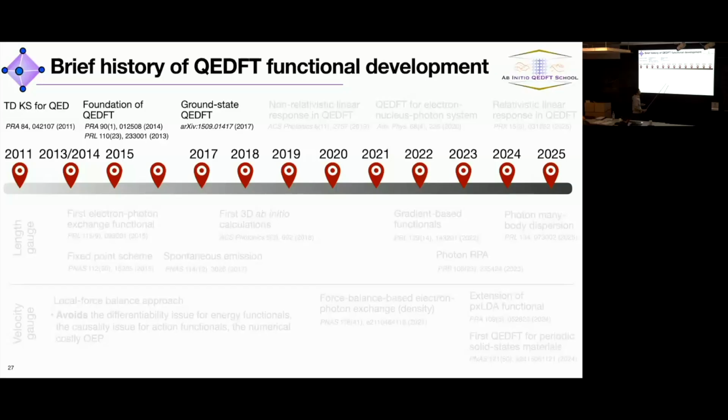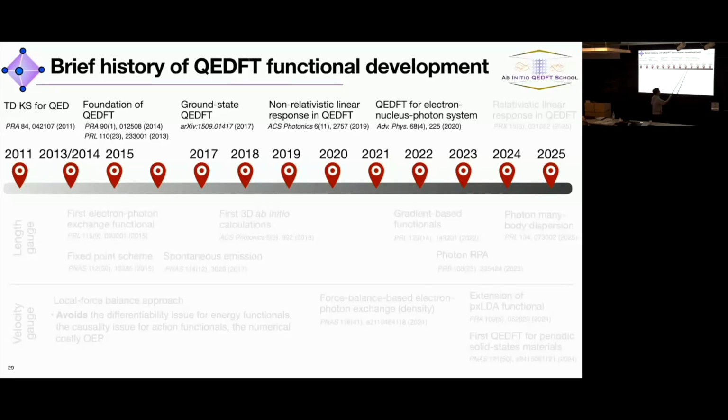And in 2019, there's a linear response theory for the non-interacting, non-relativistic linear response in QEDFT. I think Johannes will talk about this tomorrow. And in 2020, for the QEDFT, usually what we look at is an electron and a photon, this kind of coupled system.